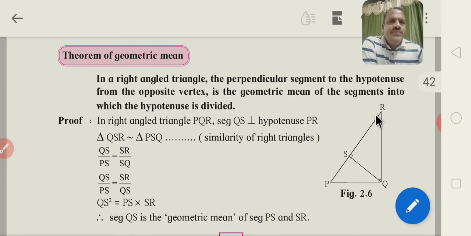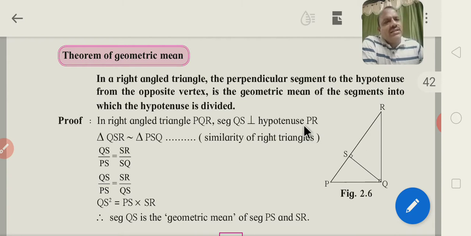The vertex opposite this hypotenuse is Q. From this vertex the segment QS is drawn, and this QS is also known as the geometric mean of the segments of that two sides. Hence this theorem is discussed step by step.